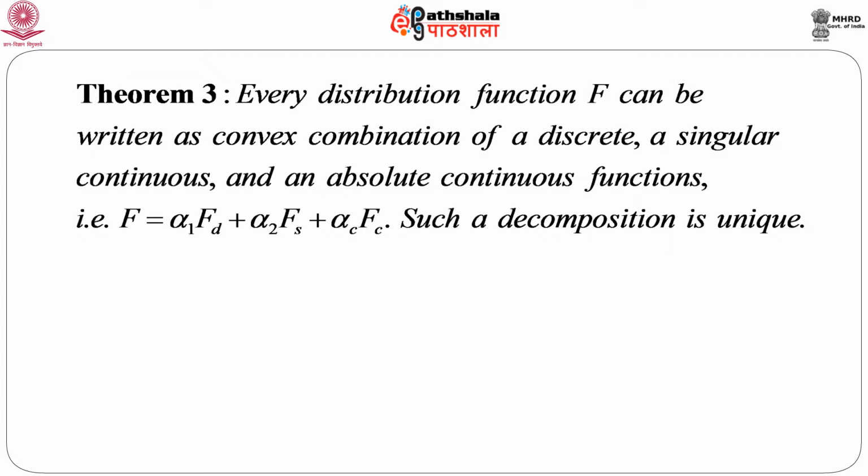That means capital F equals alpha 1 F_d plus alpha 2 F_s plus alpha_c F_c, where F_d is a discrete distribution function, F_s is a singular distribution function, F_c is an absolutely continuous distribution function, and alpha 1, alpha 2 and alpha_c are 3 constants, all lying between 0 and 1, so that alpha 1 plus alpha 2 plus alpha_c equals 1. Such a decomposition is unique.